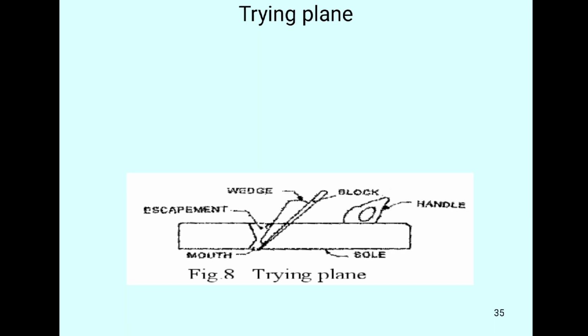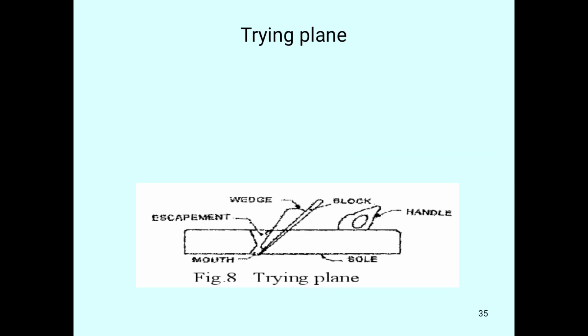So these are the various parts of the trying plane. The trying plane is nothing but a longer wooden jack plane.